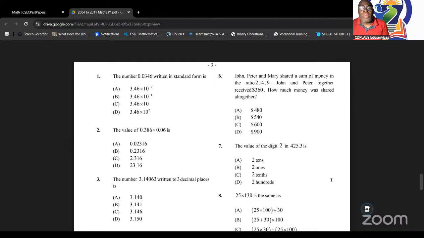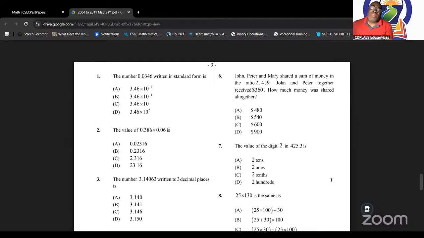When it is greater than 1, you get a positive index number. What do I mean by index number? In terms of powers of 10. Because you already know that, you would not be focusing on C and D. You'd be focusing on A and B.